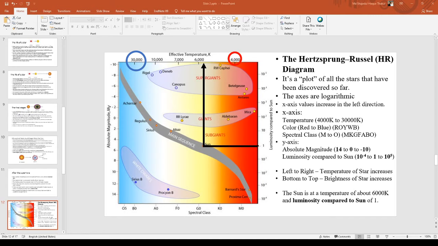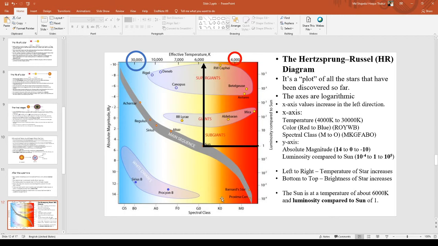Okay. So to sum it up, the white dwarfs are here, the main sequence is here, the giants are here, supergiants are here, and you remember the axis. To sum up the main sequence part, the massive stars in the main sequence will be near the top, and the small stars in the main sequence will be near the bottom.